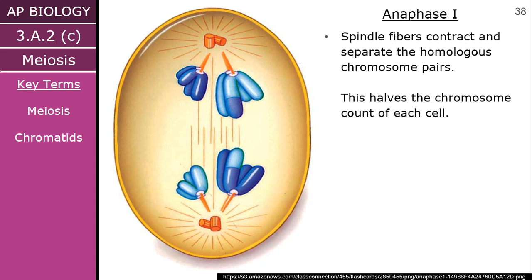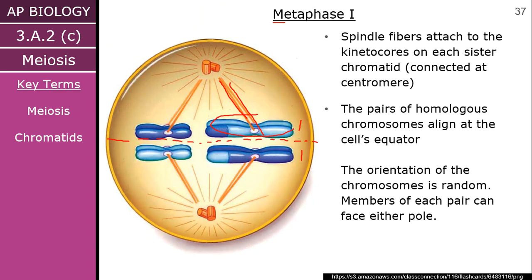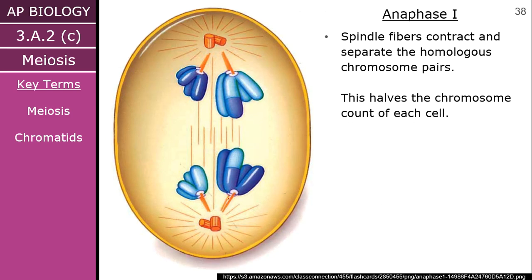Just like in mitosis, we see anaphase where they start to split. So we had a chromosome here, and it was made up of two sister chromatids. After anaphase, I have split those sister chromatids. And so now I actually have, there's a chromosome, there's a chromosome, here's a chromosome, here's a chromosome.